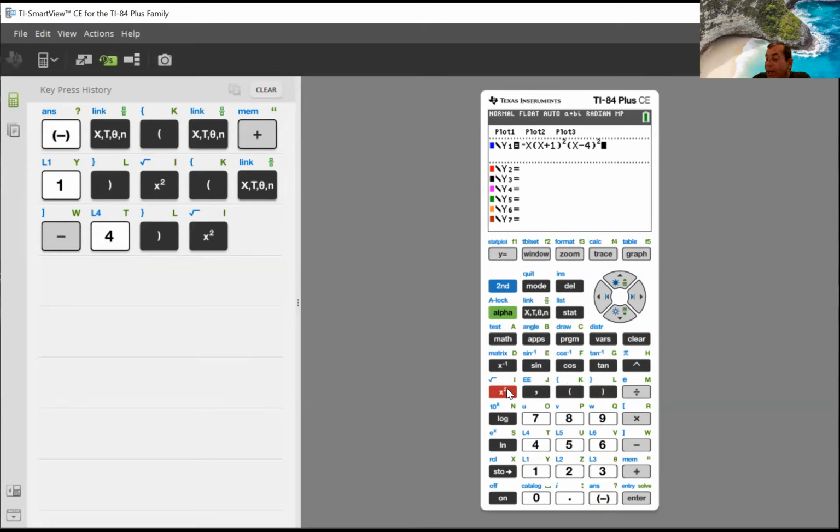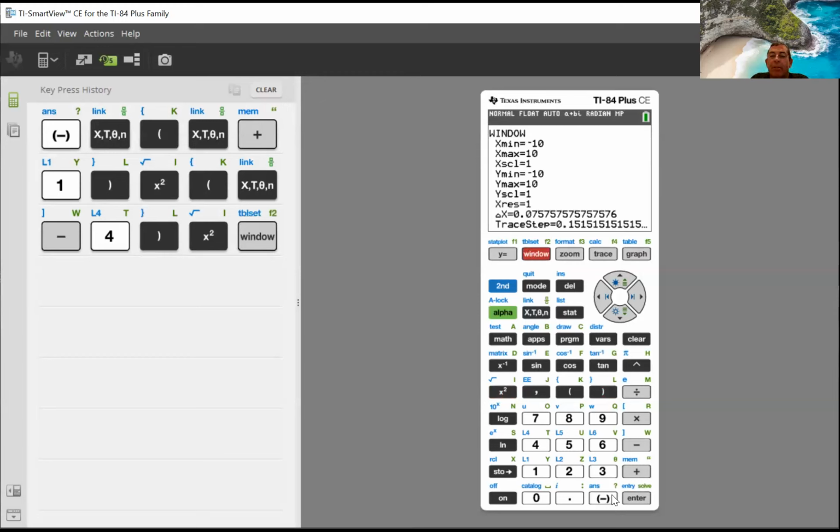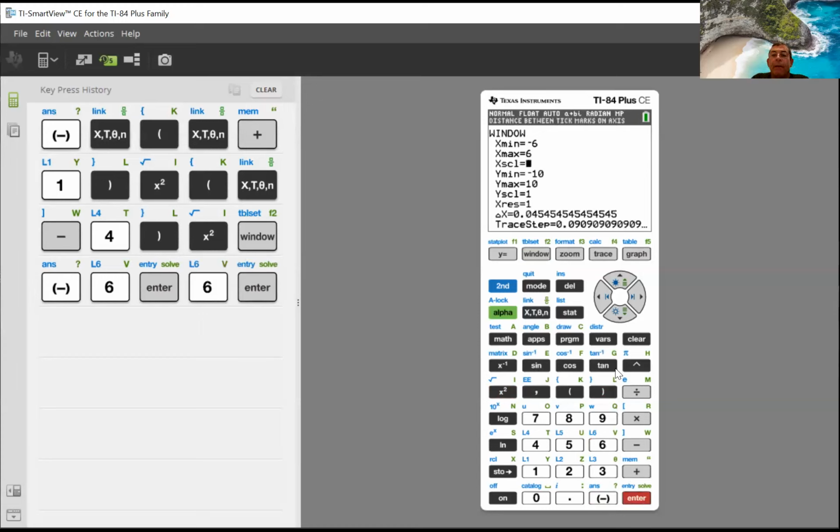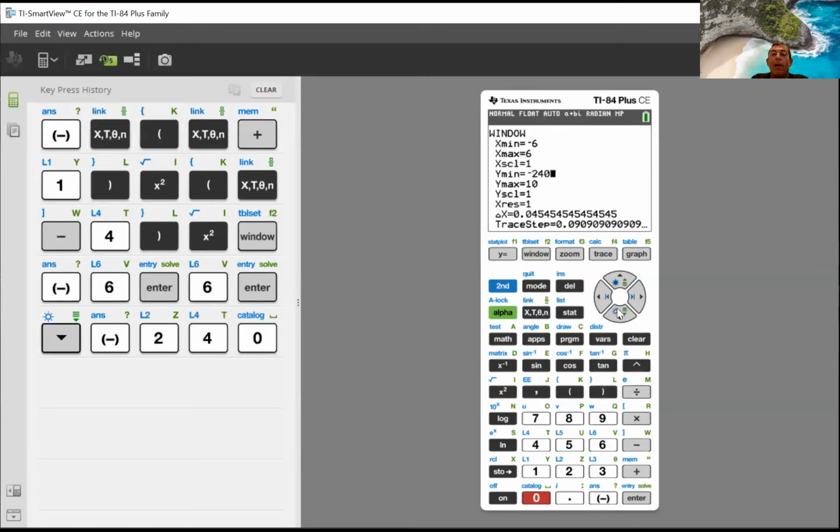Now I'm going to set my window to match their numbers. So I'm going to hit the window button. X minimum was -6, enter. X max was +6, enter. And then I'm going to go down to the Y minimum, which was -240, and then the Y max was +240. All right, so that window's set, y'all. So we're going to hit graph and see what this thing looks like.